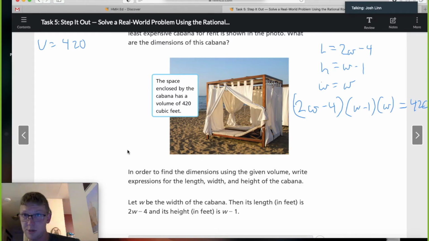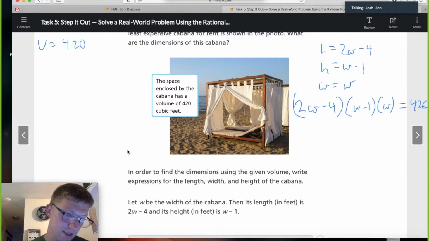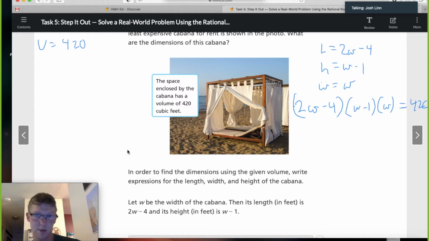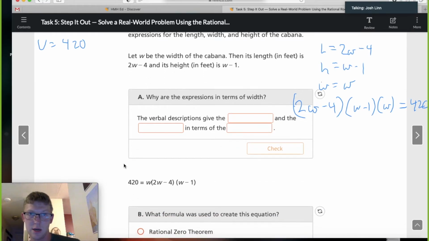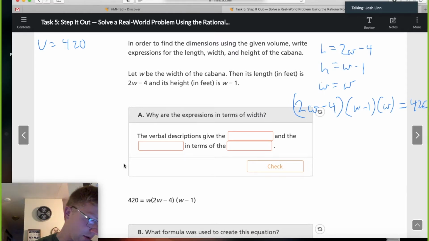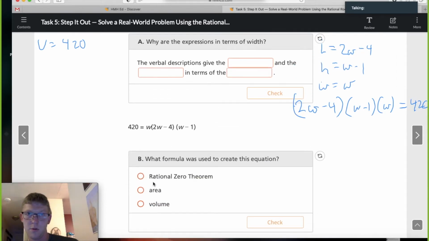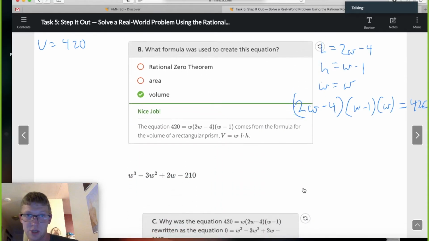So what we're going to do, we've done problems like this before. We're going to multiply everything out, move this over, set it equal to 0, and start solving, right? So let's see here. The expressions are in terms of width, because that's how the problem gave them to us. There we have our equation that we already made. What formula was used to create this equation? Length times width times height, which is a volume equation. Nice job.